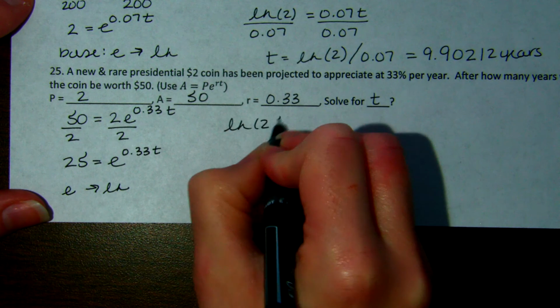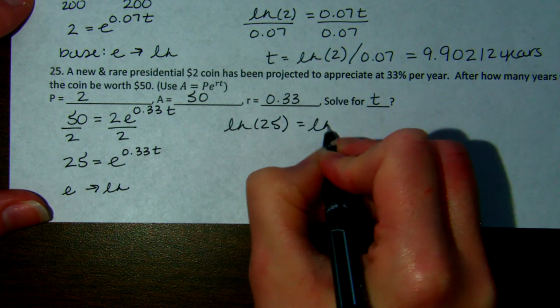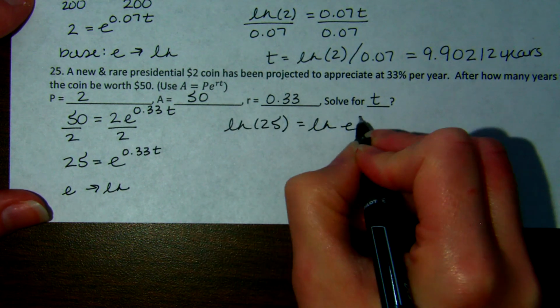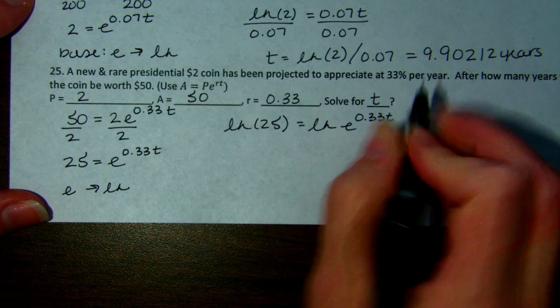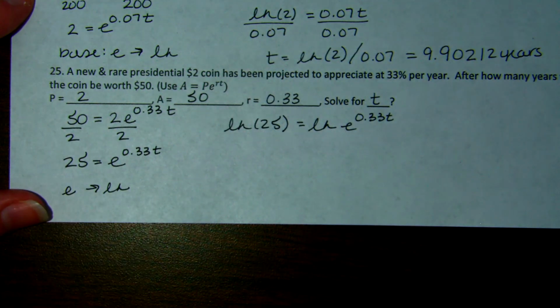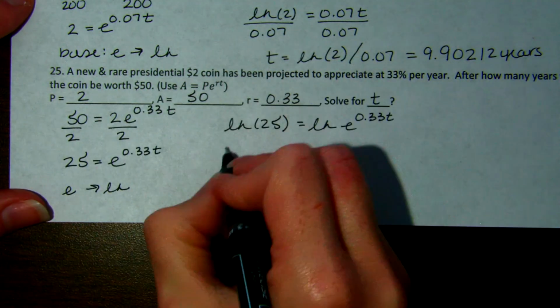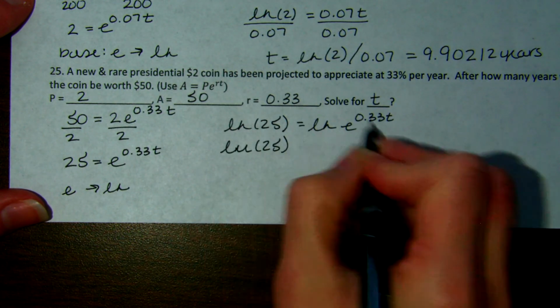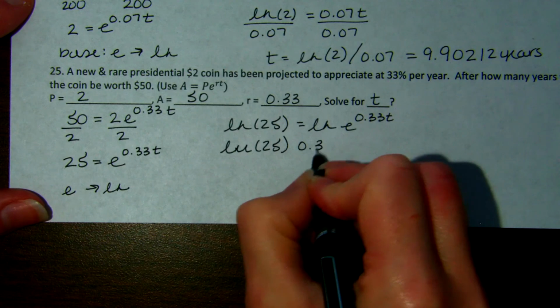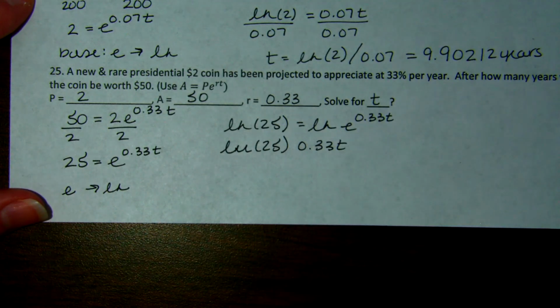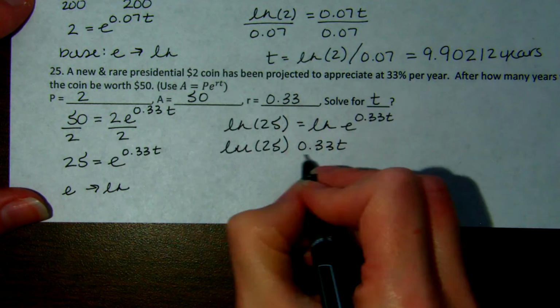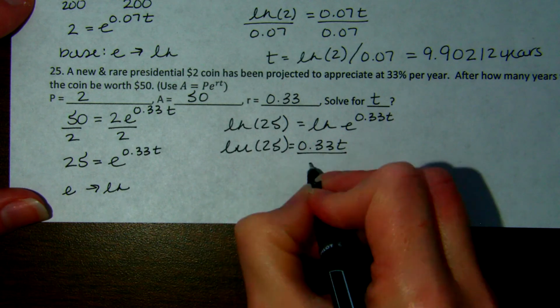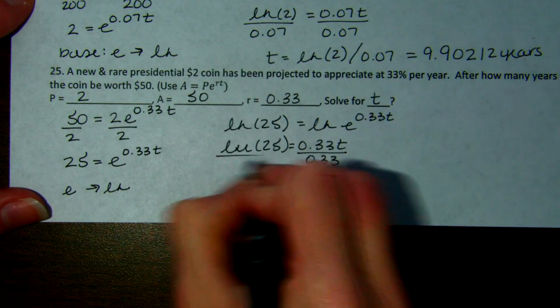So ln of 25 is equal to ln of e to the 0.33t. I don't know the natural log of 25, so it's going to stay ln of 25 for now. But this simplifies to 0.33t. And then divide by 0.33.